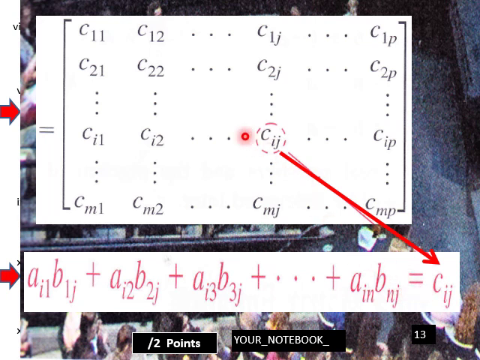So when we move across on one multiplication, we're moving down on the other.